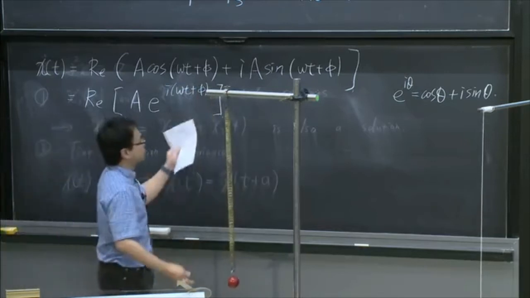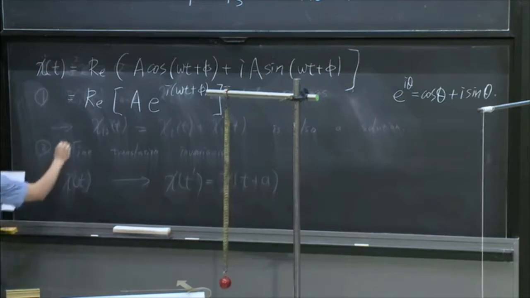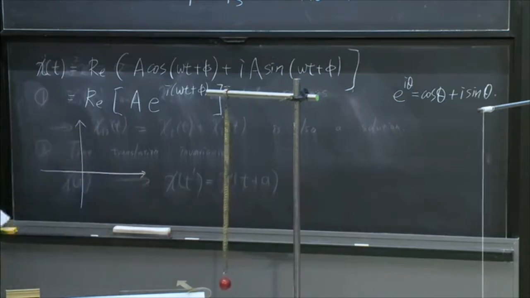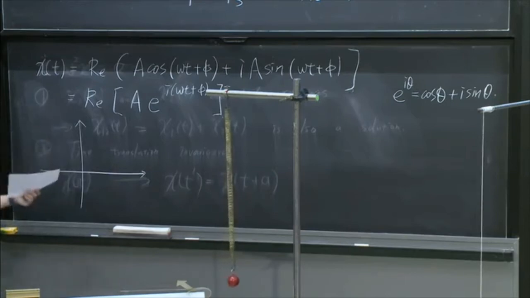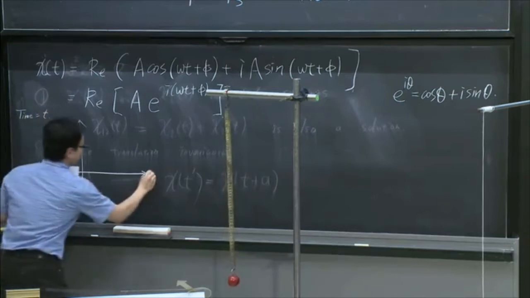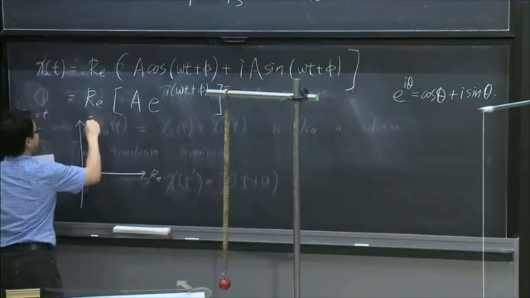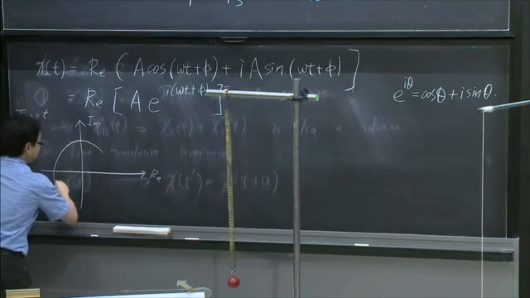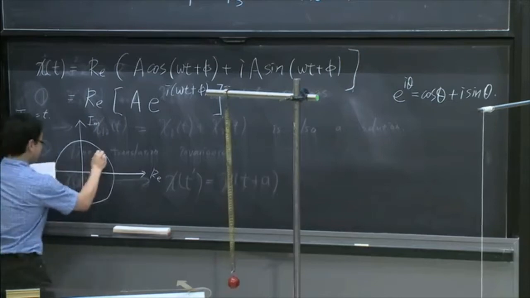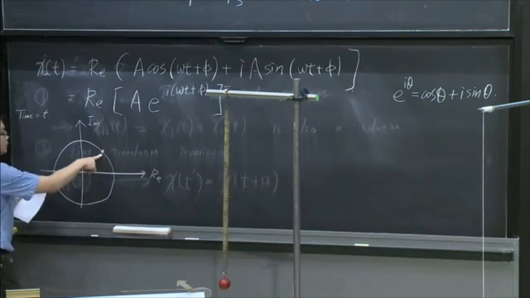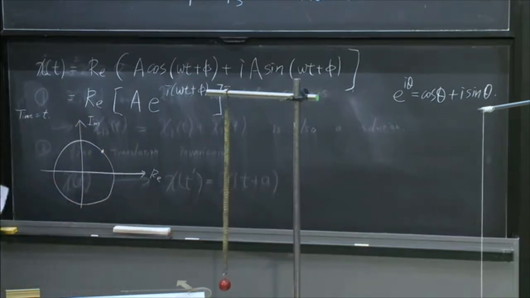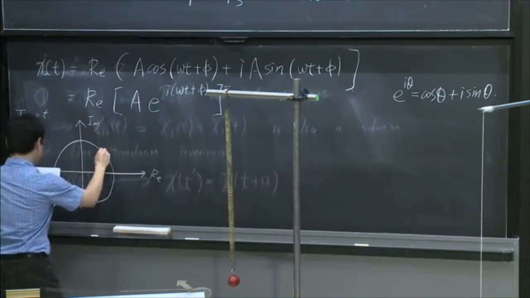Okay? So if I do this really carefully, I look at the position of the point at a specific time. So now time is equal to t, okay? And this is the real axis, and this is the imaginary axis. So I have this circle here, okay? So at time equal to t, what you're getting is that x is actually, before taking the real part, A exponential i omega t plus phi, which is actually here.